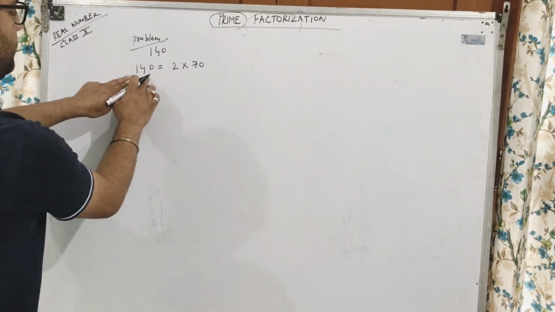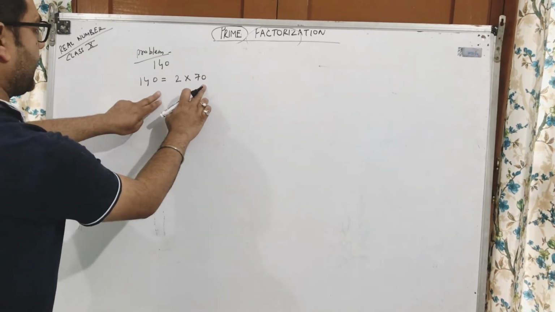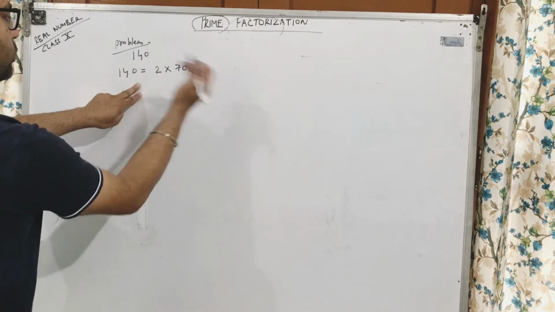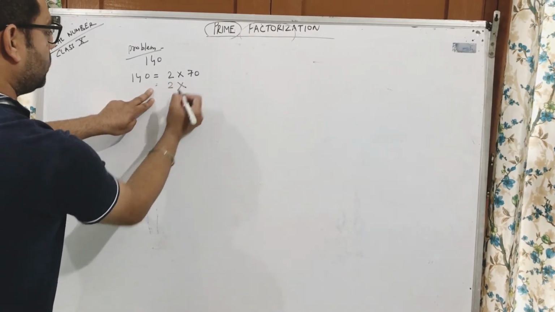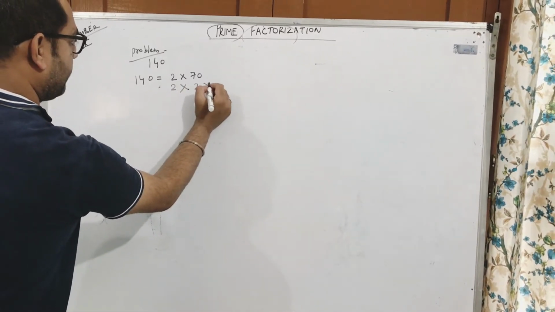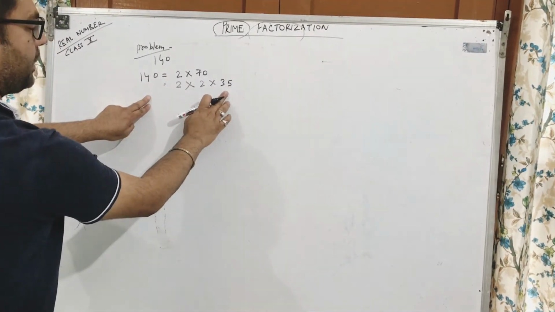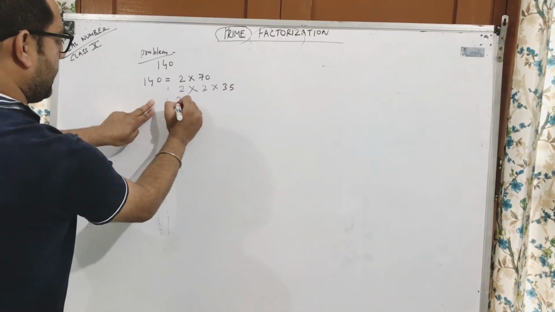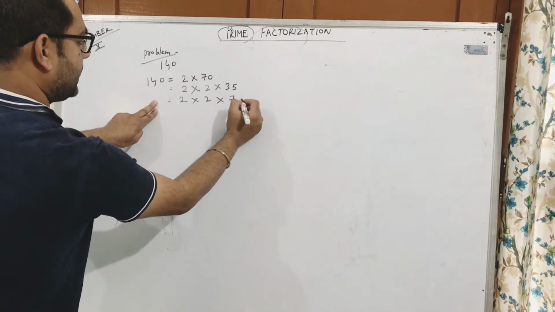Now here 140 we can write as 2 into 70. Still 2 is a prime number, but 70 is not a prime number, so we have to continue again. We can write 70 as 2 into 35. Again 2 is a prime number, but 35 is not a prime number because 35 can be further divided. So again we continue. 35 can be written as 7 into 5.